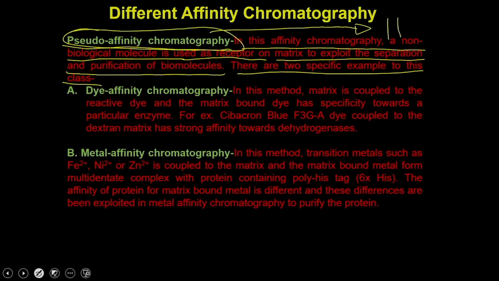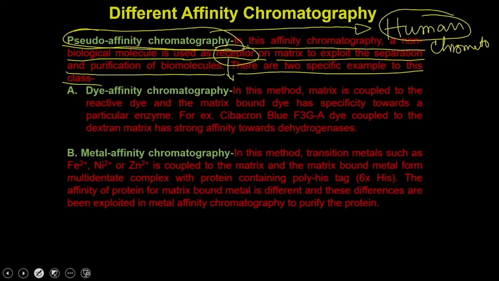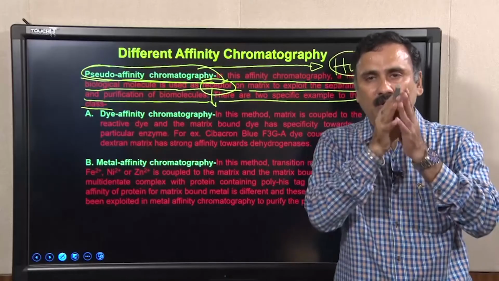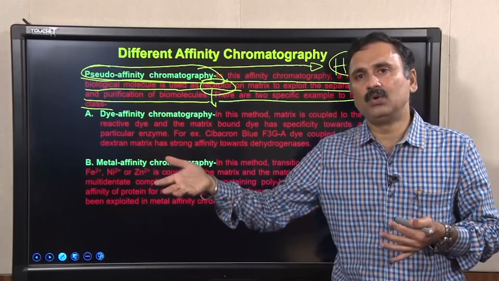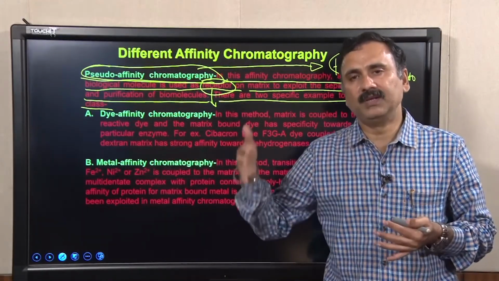If I say, pseudo affinity chromatography is man-made affinity chromatography, because all these receptors do not exist in nature. What people have found is that instead of utilizing the actual receptor or ligand, you can use a chemical molecule which does the same job.